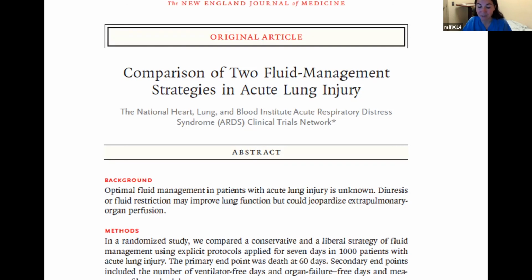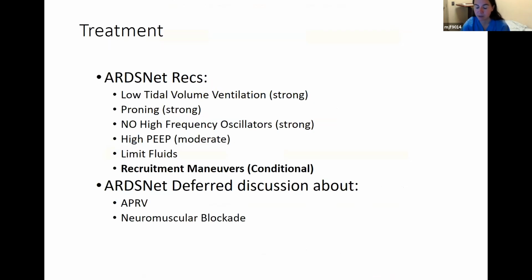The conservative group was approximately net even. No clear mortality benefit, but the net even group did have better oxygenation, more vent-free days, more ICU-free days, and they didn't have a higher incidence of shock or dialysis. So it's probably good to try to restrict fluid when you can.